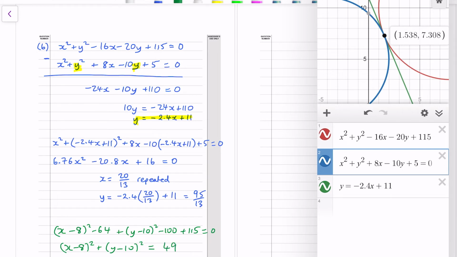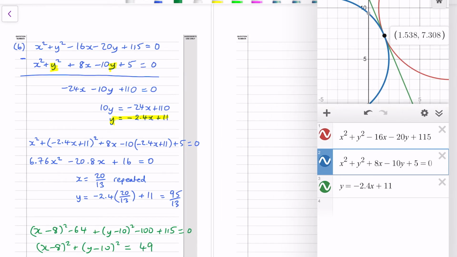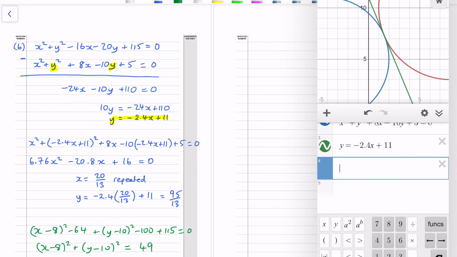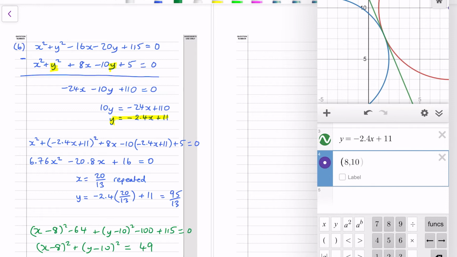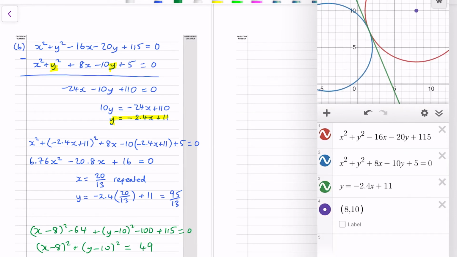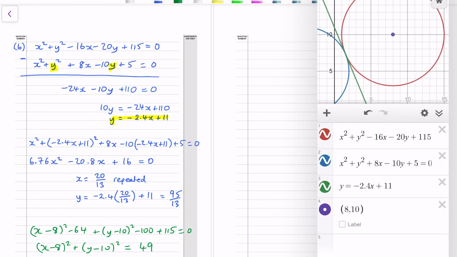Okay, that's a circle that's centered at 8, 10 with a radius of 7. And I can show that on the graph here. 8, 10. There it is, there's the center, and it's a radius of 7.